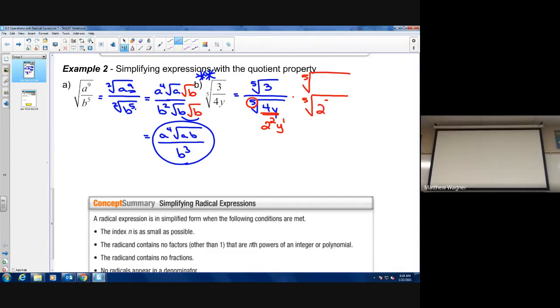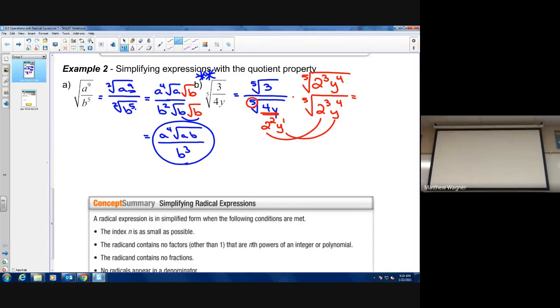Well, I'm going to need 3 more 2s, and I'm going to need 4 more y's. Because now if I multiply those out, I would have 2 to the 5th under my radical, and I would have y to the 5th under my radical. What I do to the bottom, I must do to the top.